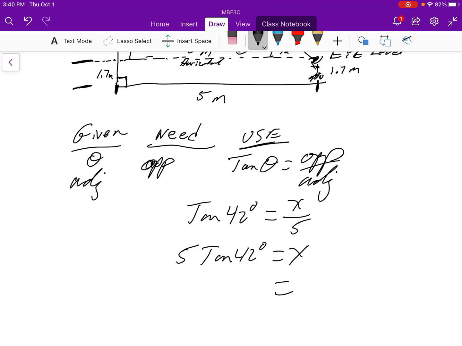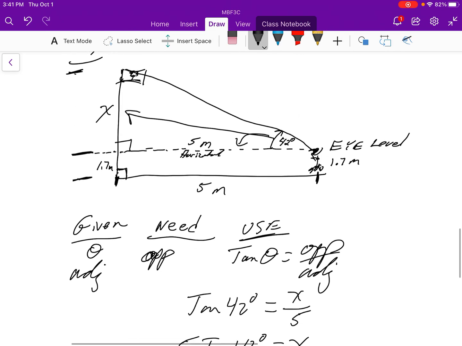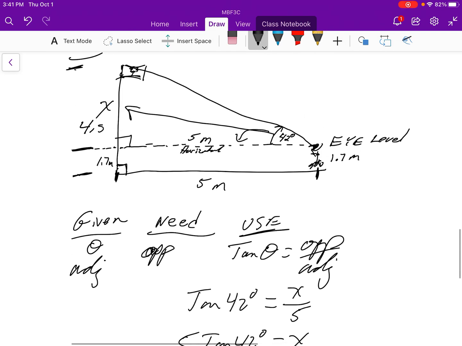All right. So you punch that into your calculator. 5 times the tan of 42 in my calculator. All right. 5 times tan of 42 is approximately 4.5 meters. Okay. Now that 4.5 is where x is. That's the 4.5 right here.